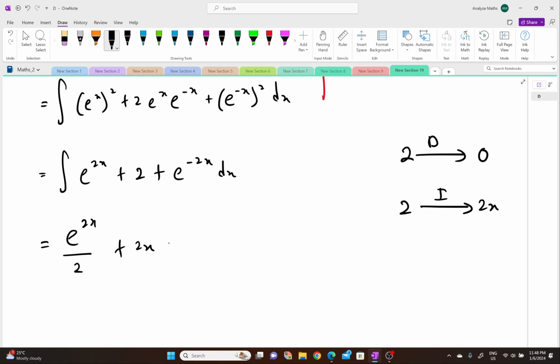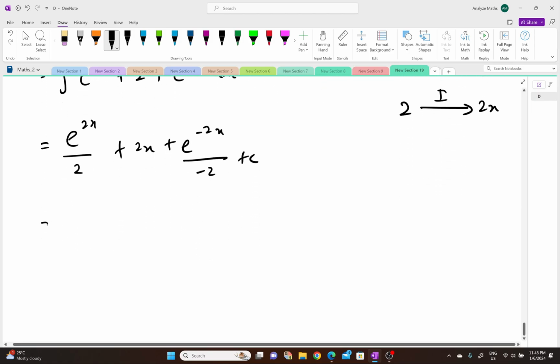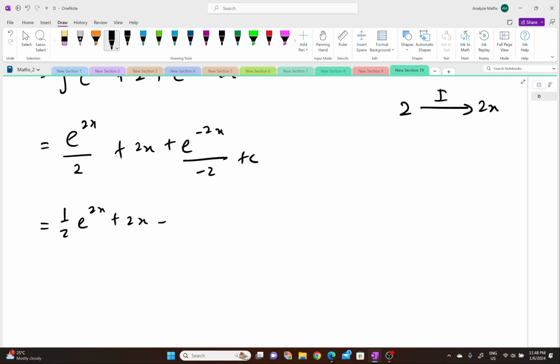Okay. You can leave the answer like this, or you want to simplify like this also. Okay.